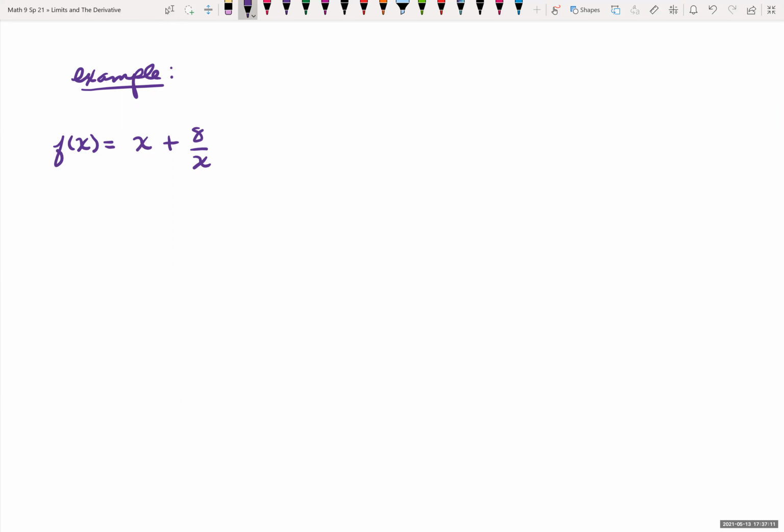Notice here for our domain, there's one value that we can't have for x. x cannot equal 0 because that would put a 0 in my denominator for that 8 over x. All the other values are in my domain. So basically negative infinity to 0, union 0 to infinity.